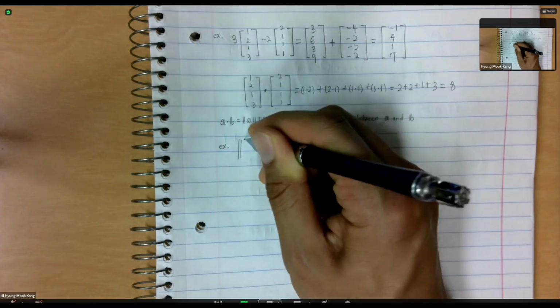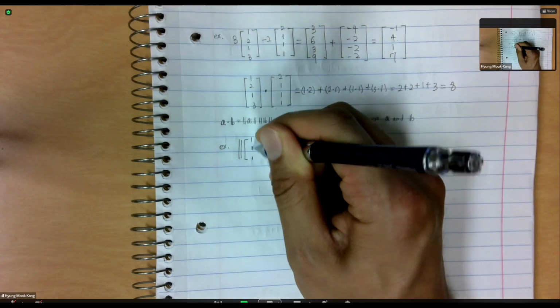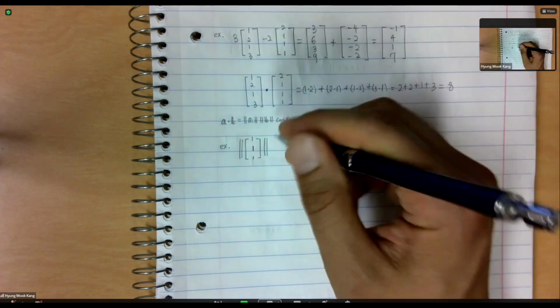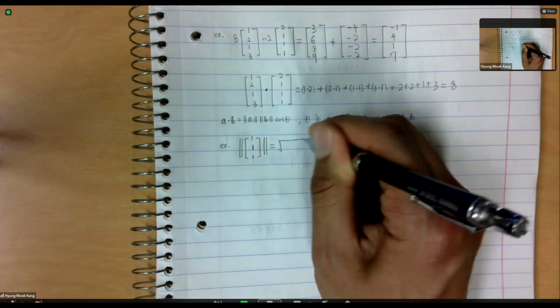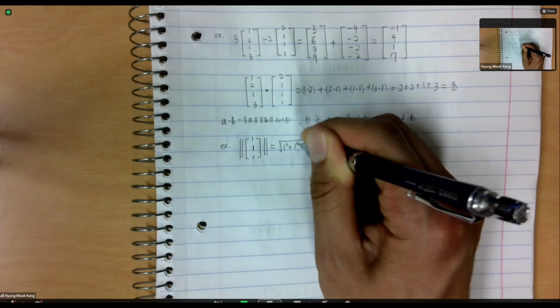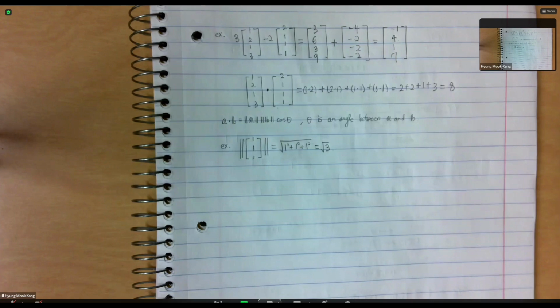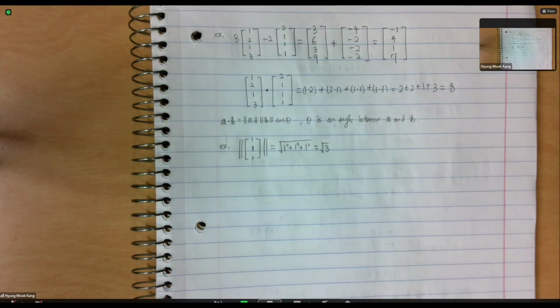Now, let's consider 1, 1, 1. The length of this vector is the square root of 1 squared plus 1 squared plus 1 squared, so it becomes the square root of 3. The reason it's called length is because it literally is the length.